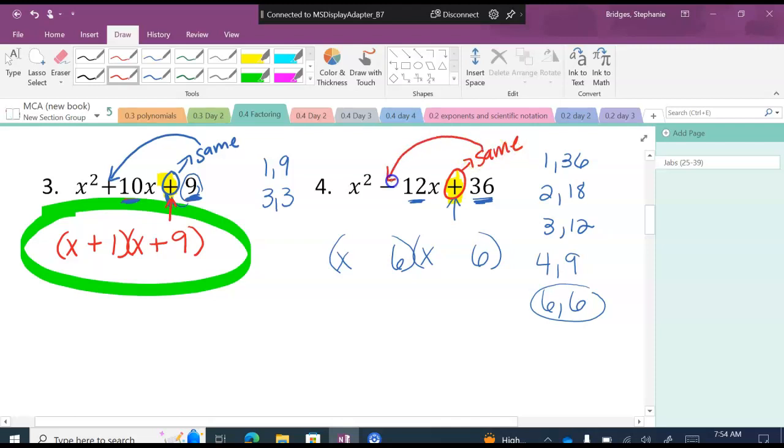And they are going to be whatever that first sign is, which in this case is a negative. So they'll both be negative. And again, once we get more into our factoring, we will want to check to make sure that those 2 parentheses cannot factor any further. But because we're just beginning, they can't. And that's our answer.